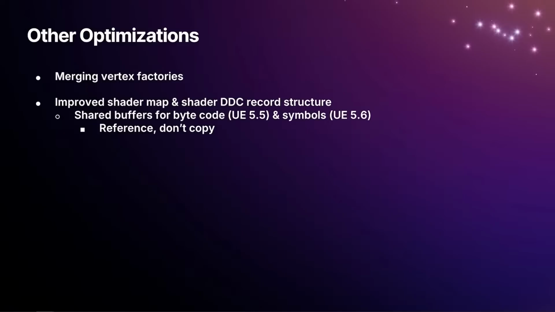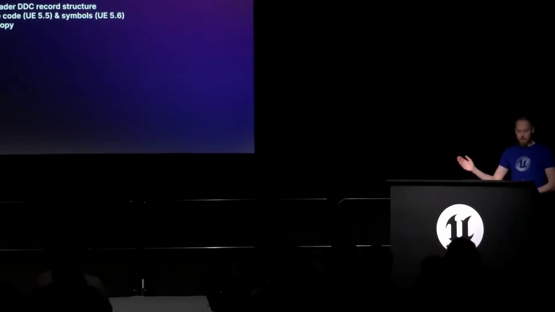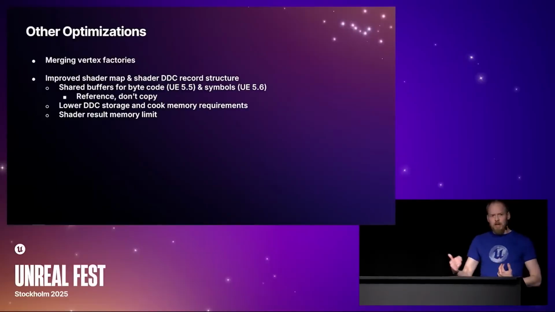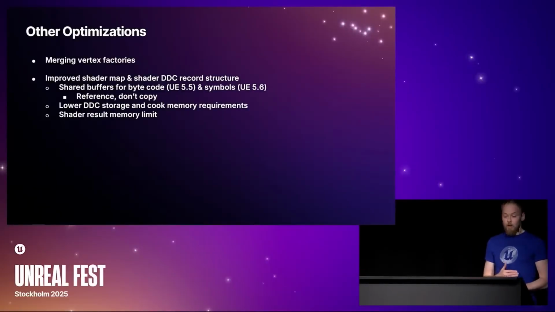But it also was a big memory optimization for cooks, especially when you're compiling a lot of shaders. We also did a similar optimization for symbol buffers, the shader debug symbols, with similarly large gains. With both of these in place, our job cache mechanism, which already had a memory limit but wasn't really doing a lot, now owns the bytecode and symbol buffers as well.